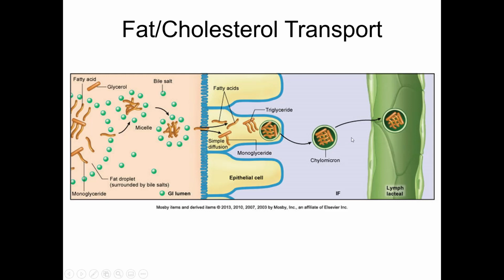Exo means outside. Exogenous pathway, these chylomicrons are going to bring them internally, and for the most part, they're going to go into a lacteal. The lacteal is part of the lymphatic system, and then they will be routed to the liver from there.